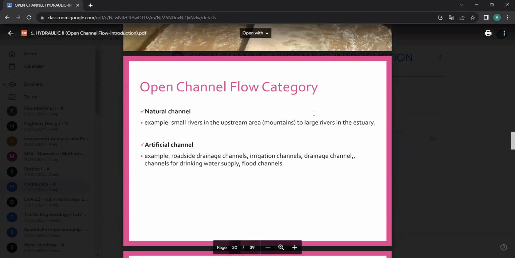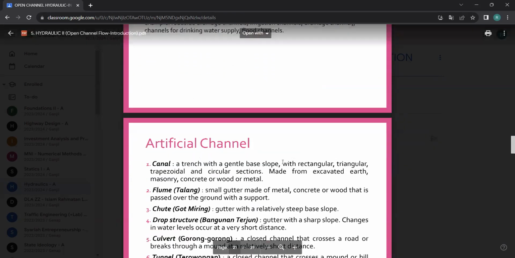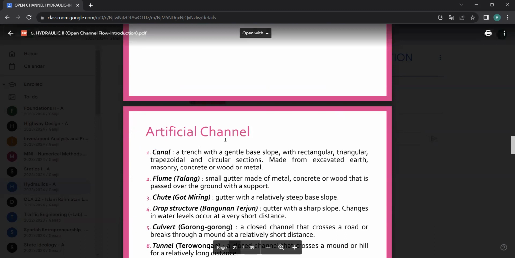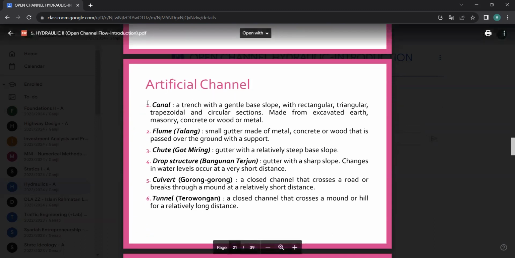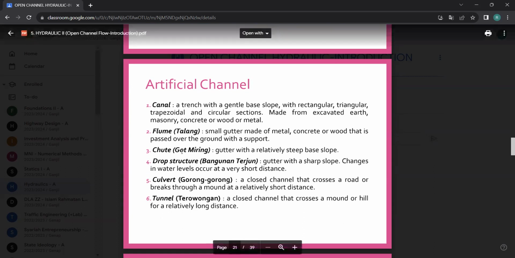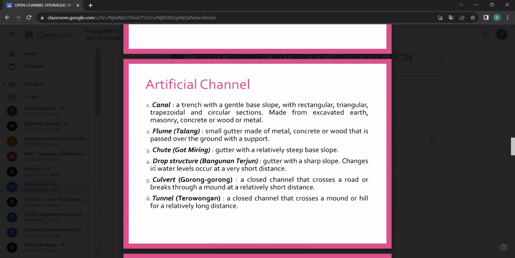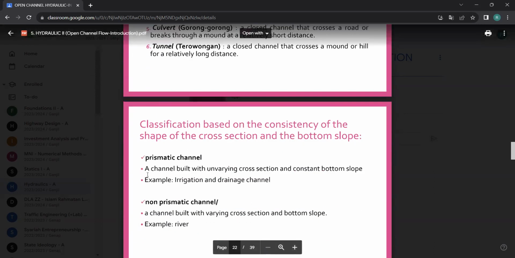For example, roadside drainage channel, irrigation channel, drainage channel, channels for drinking water supply, and flood channels. And these are examples for artificial channel. The first is canal, second is flume or talang, three is chute or berpiring, four is drop structure or bangunan terjun, five is culvert or gorong-gorong, six is tunnel or terowongan.